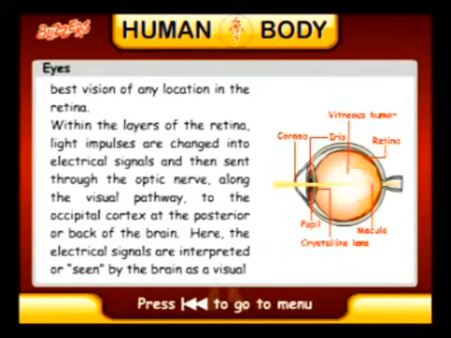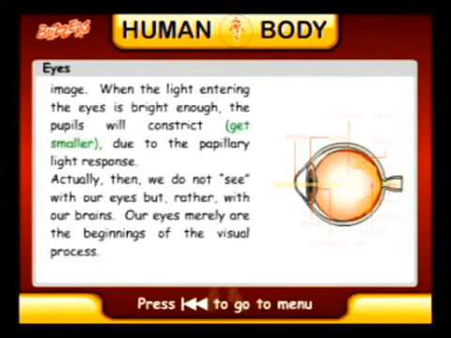Within the layers of the retina, light impulses are changed into electrical signals and then sent through the optic nerve along the visual pathway to the occipital cortex at the posterior or back of the brain. Here, the electrical signals are interpreted or seen by the brain as a visual image.